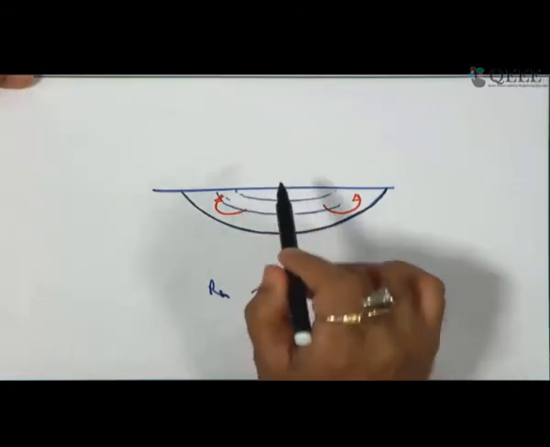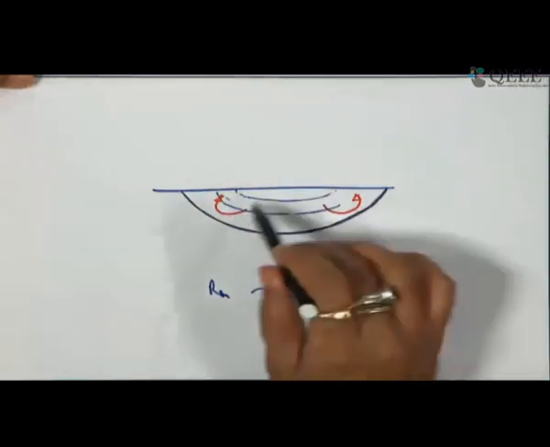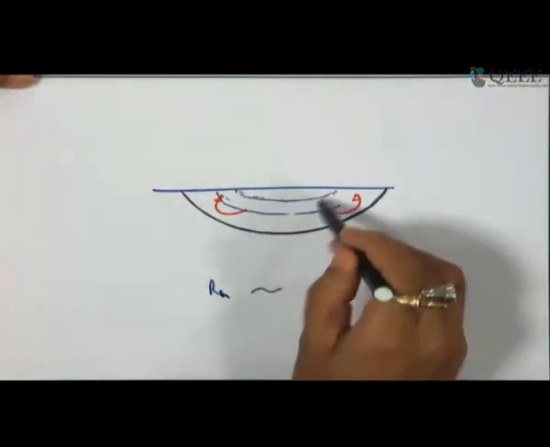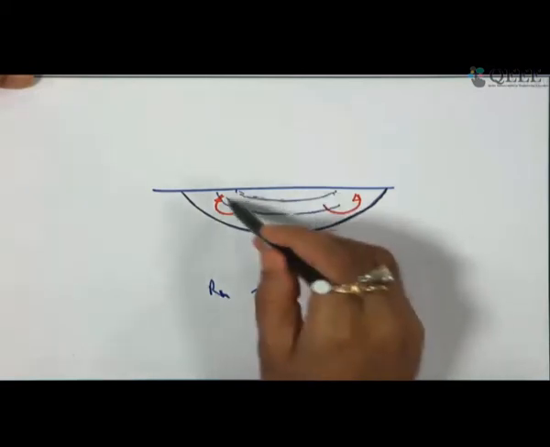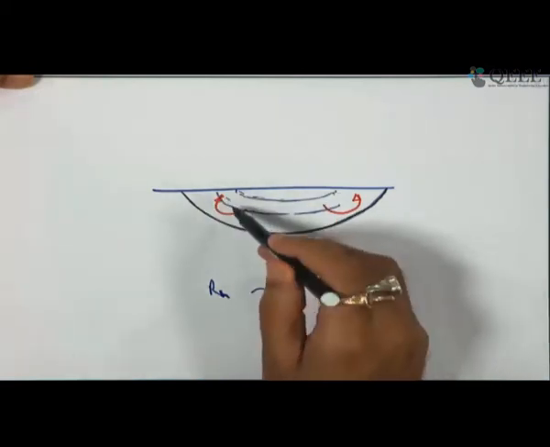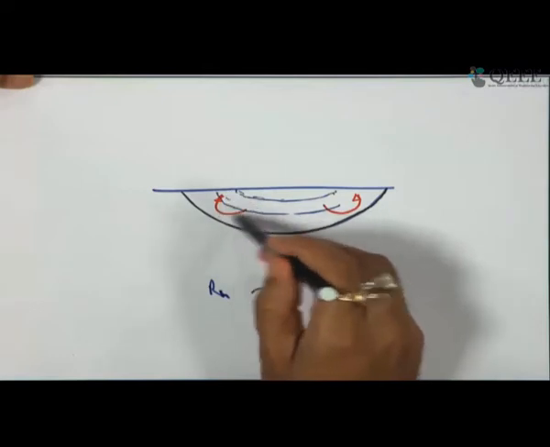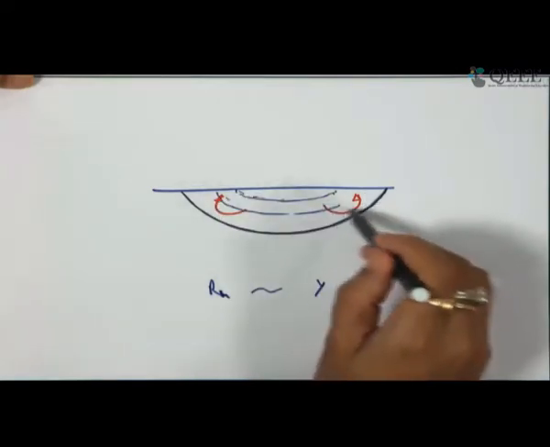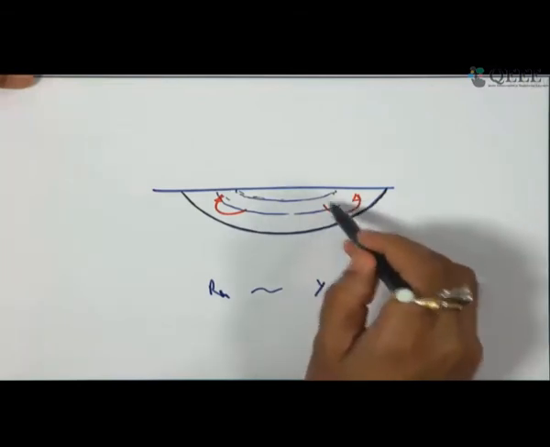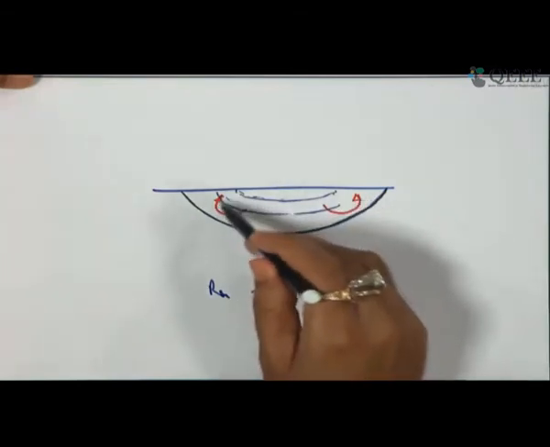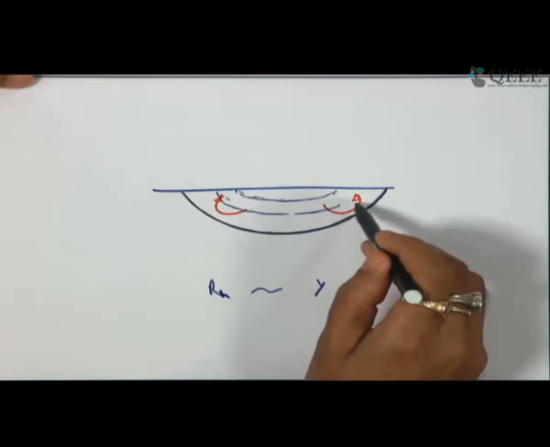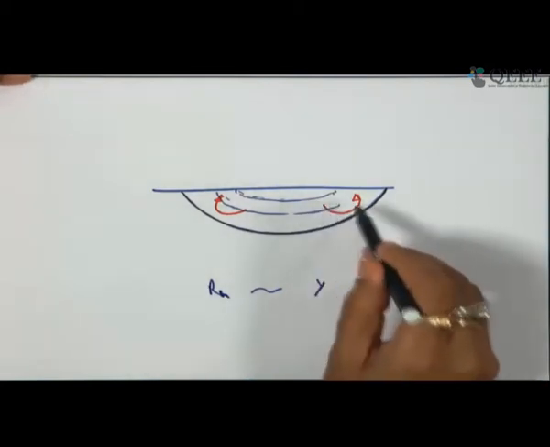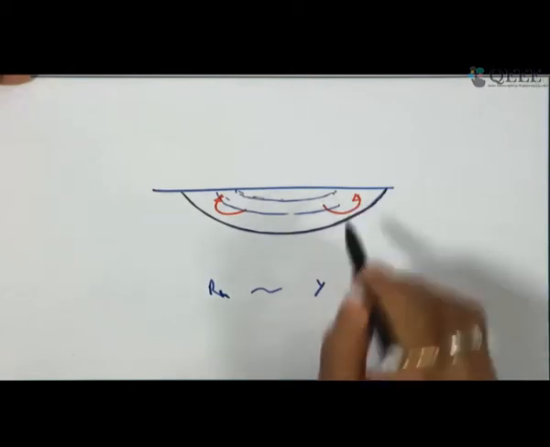If we closely look into this channel cross section, you will see that there will be velocity variation in terms of these contours, and there will be generation of vortices within this cross section. These are called secondary currents, and in this particular module we are not considering this secondary current part.